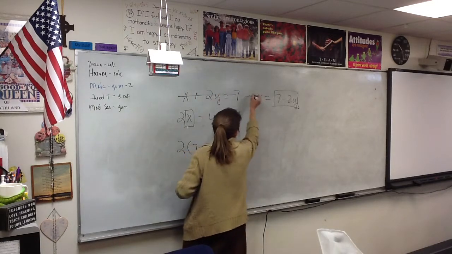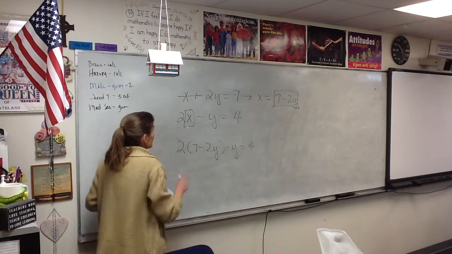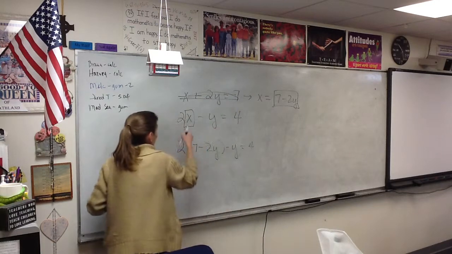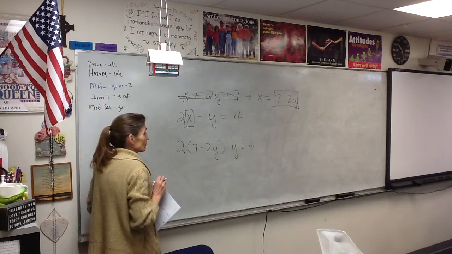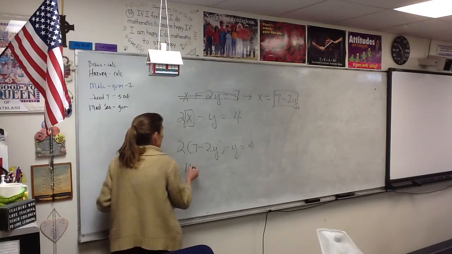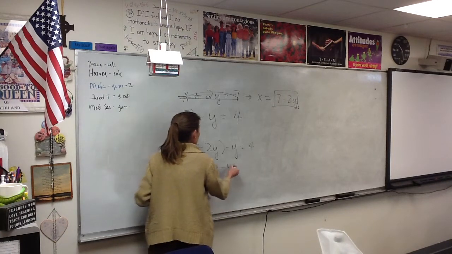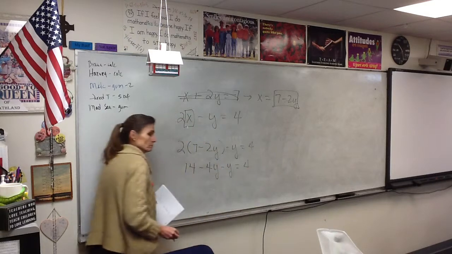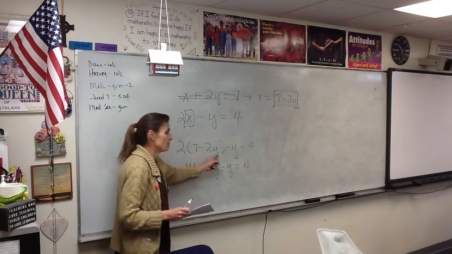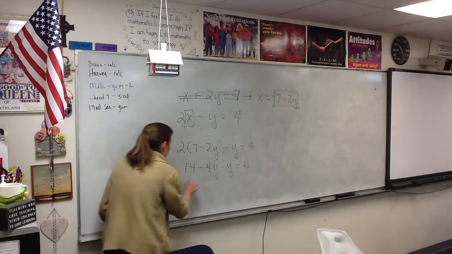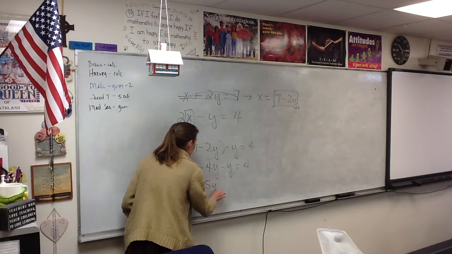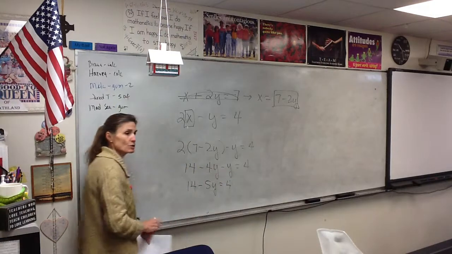This is the equation I rewrote. So this is out of here. I'm looking at this equation now, plugging that into this. So 14 minus 4y minus y equals 4. I just distributed. 14 minus 5y equals 4, collecting like terms.